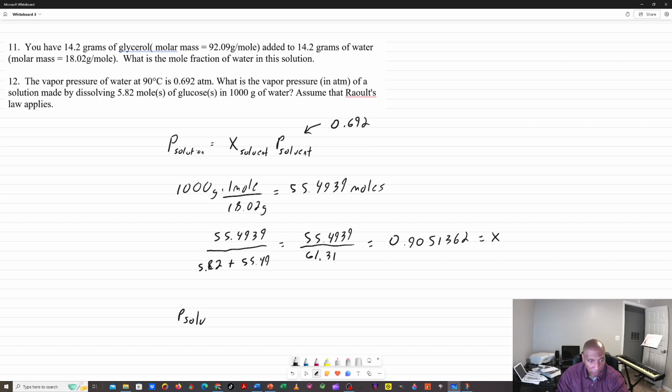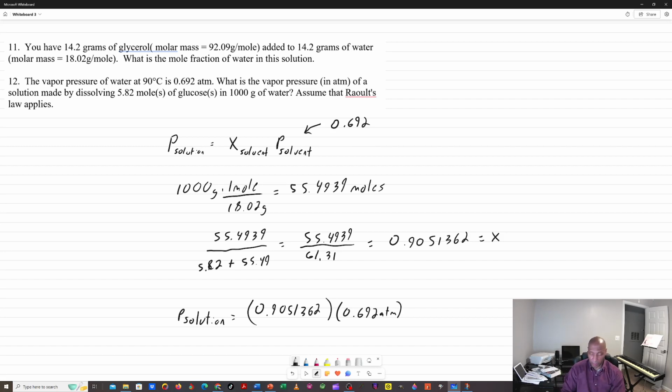So I'm going to say P solution is going to equal 0.9051362. Remember, this is a unitless number, times 0.692 atmospheres.